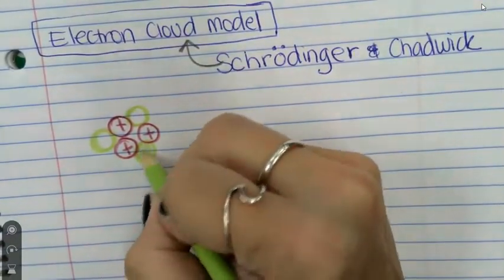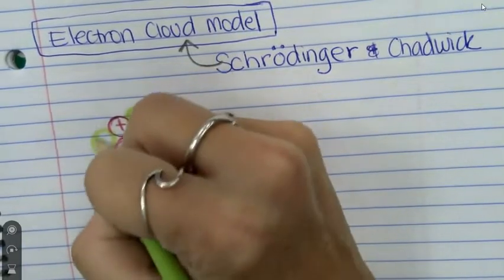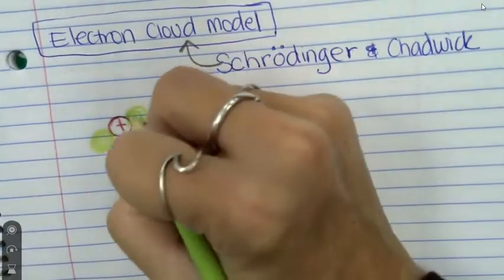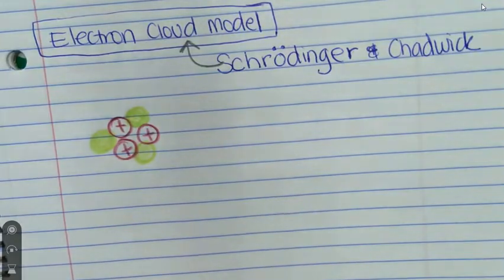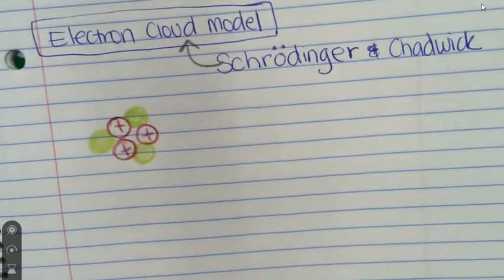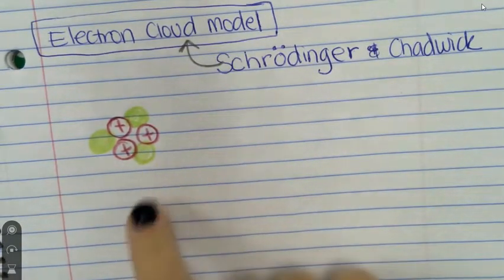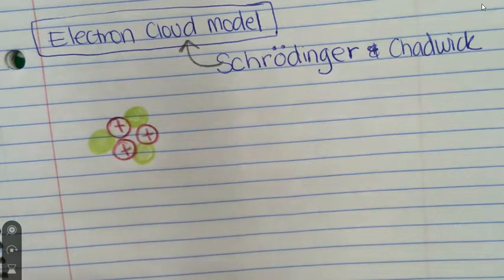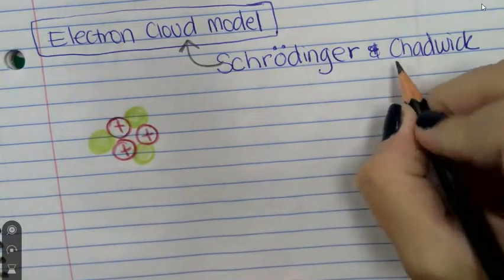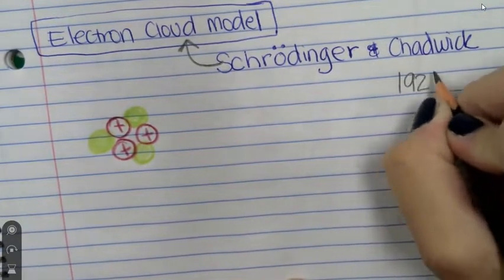They have no charge, so there's no charge on these. They weren't purposely put there, but in the nucleus, they help to keep all those protons from repelling each other because they don't like to be that close to each other. So Chadwick discovered the neutron in 1926.